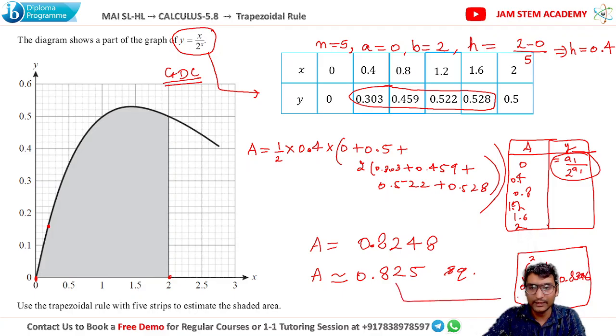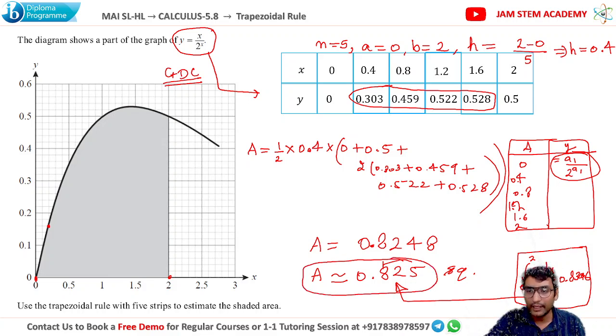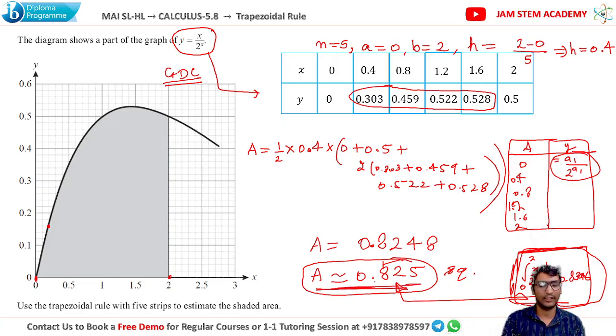This one is an approximate value by using the trapezoidal rule, and this other one is the exact value of the area under the curve. Okay, but they don't want us to find the exact value. They are saying just use the trapezoidal rule, so you can just leave your answer at 0.825.